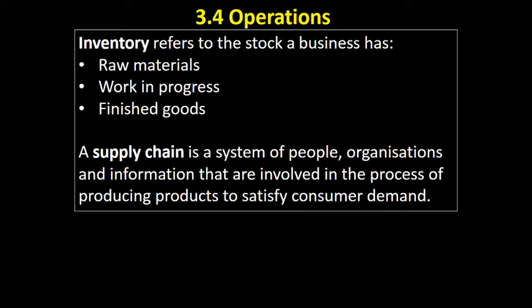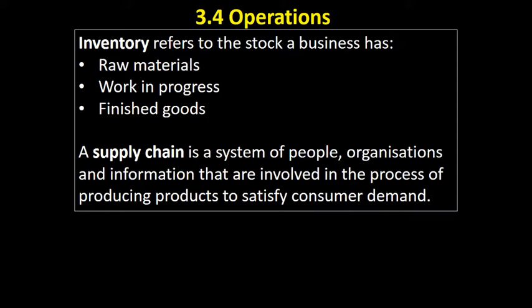And the finished goods are obviously items that are ready for sale but have not yet left the factory and are waiting to be moved on to the customer or a retailer.